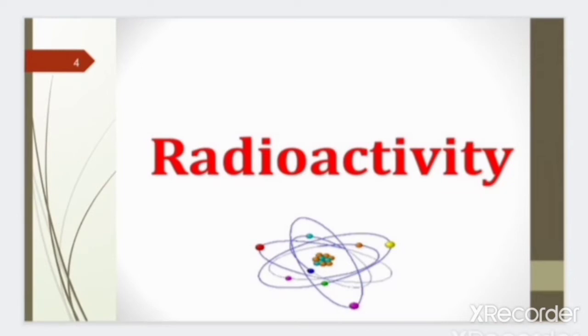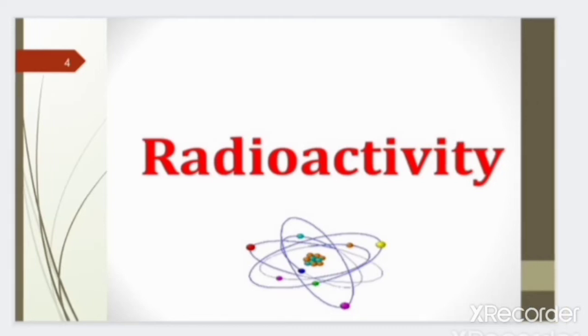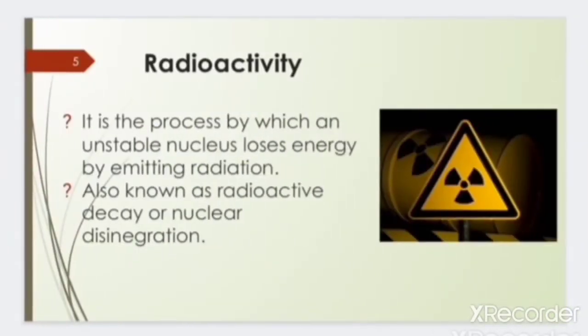At first, we can have a small discussion on the topic radioactivity and the salient features concerned with radioactivity. So, what is radioactivity? As its name implies, radioactivity is the act of emitting radiation spontaneously. And this is done by an atomic nucleus that for some reason is unstable.